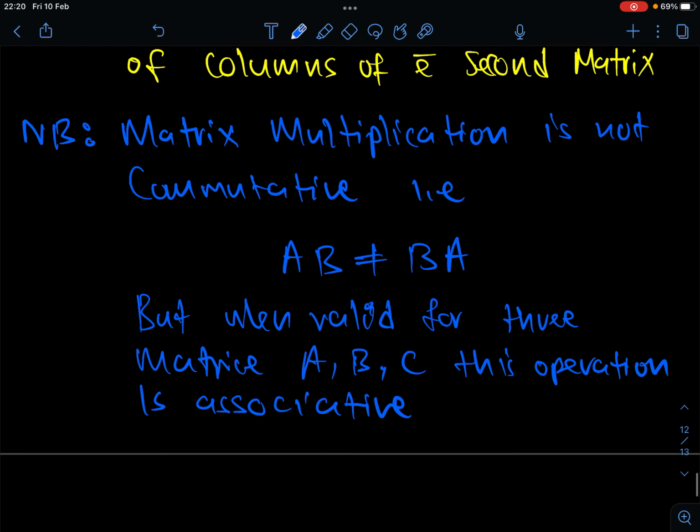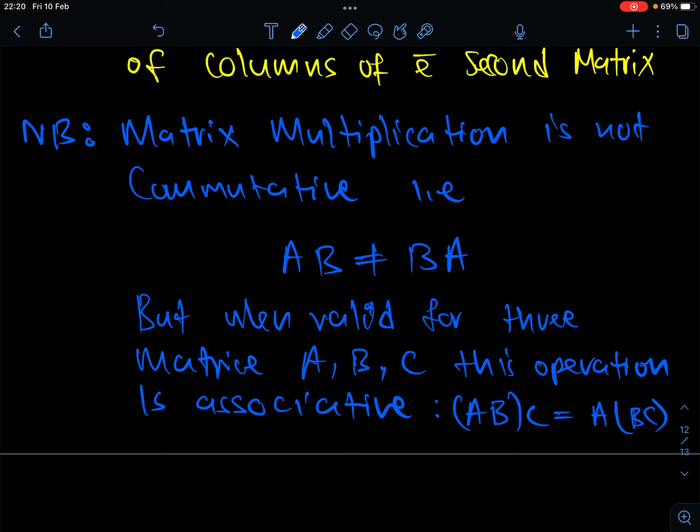So if you find AB and later multiply by C, this is the same thing as first finding BC and multiplying with A at the end. Those are some facts you have to know when it comes to the multiplication of matrices.